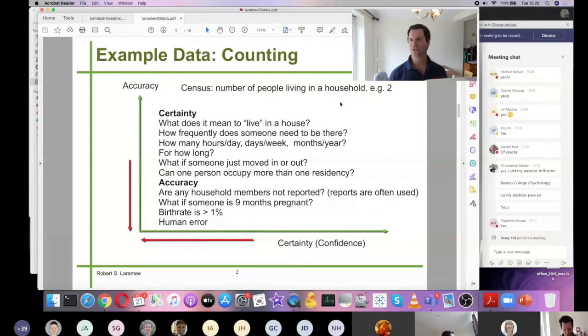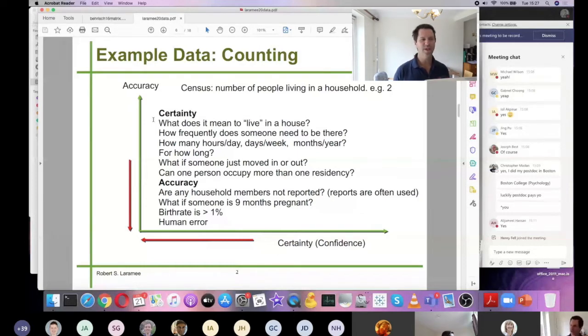Along the certainty dimension, what increases the uncertainty is when we start to define the terminology, like, what does it mean to live in a house? We have to somehow define that. How often do we have to be there in order for it to fit the definition of living in a house?